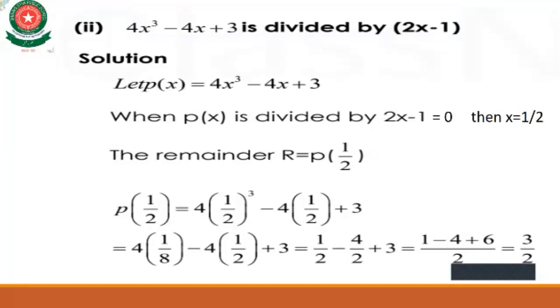Question number 1 part 2. Our question is 4x cube minus 4x plus 3, when that is divided by 2x minus 1, what will be the remainder?